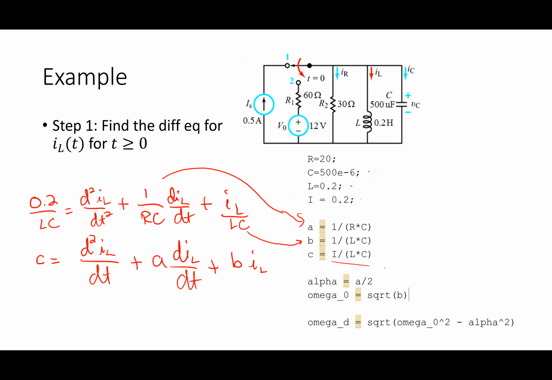Then I used those formulas I gave earlier. I said alpha is a over 2, and omega naught is equal to the square root of b. Okay, and I get those numbers here. So in this case, if I plug in those values, I get alpha equals 50, and I get omega naught equals 100.